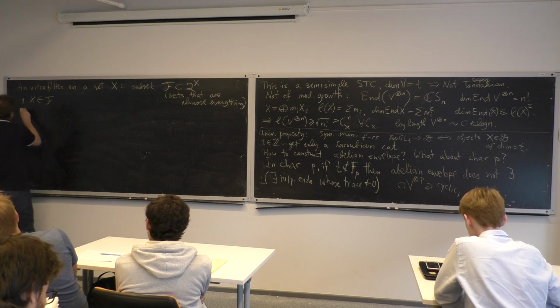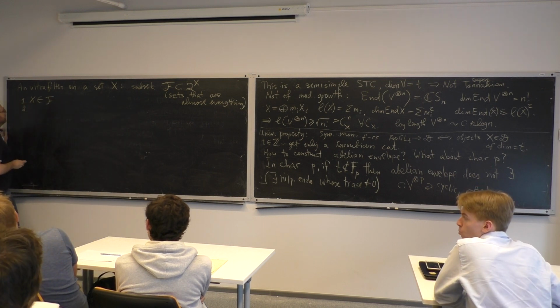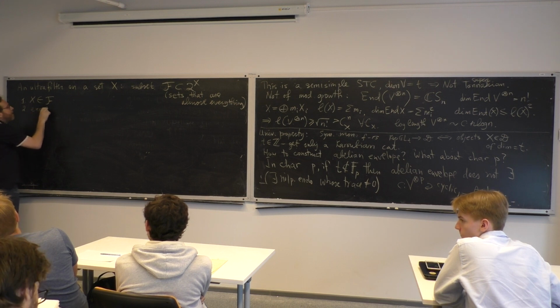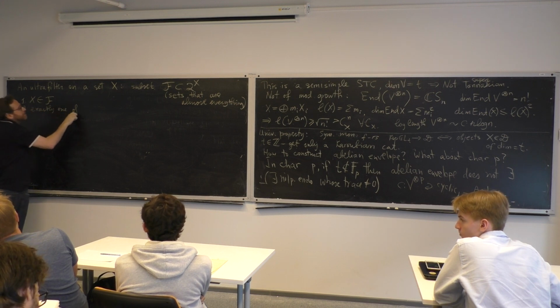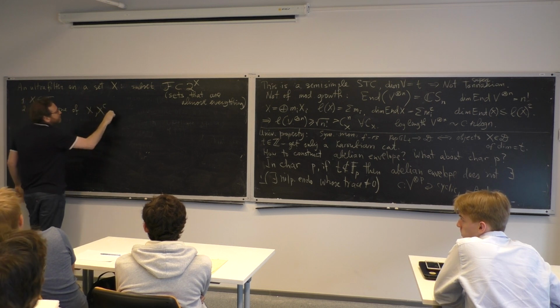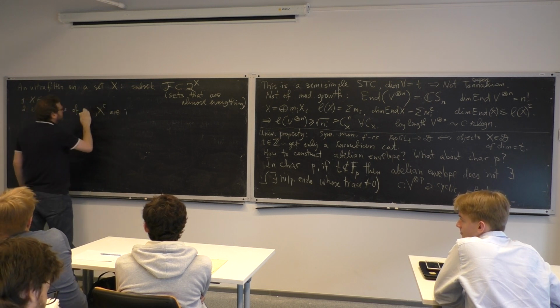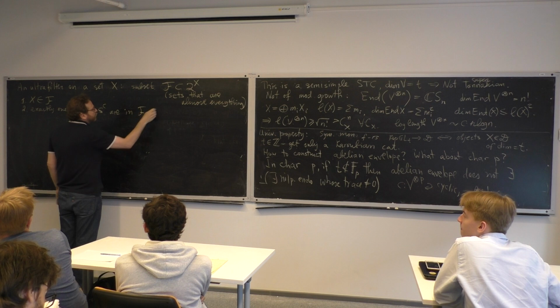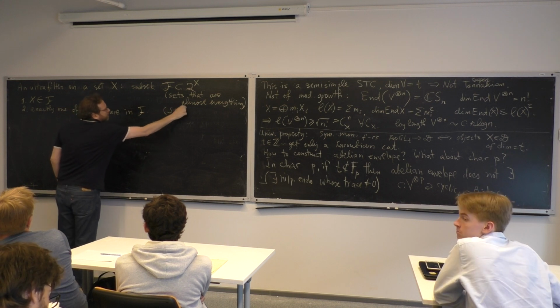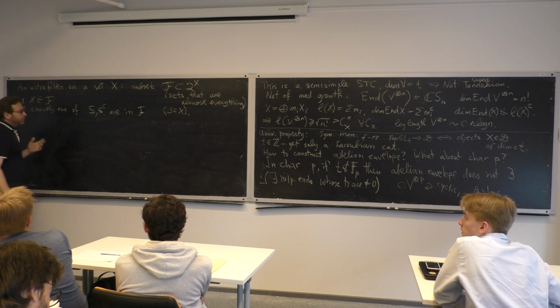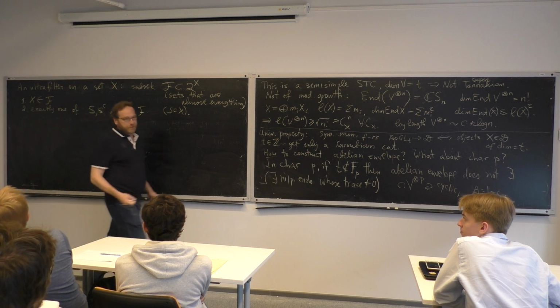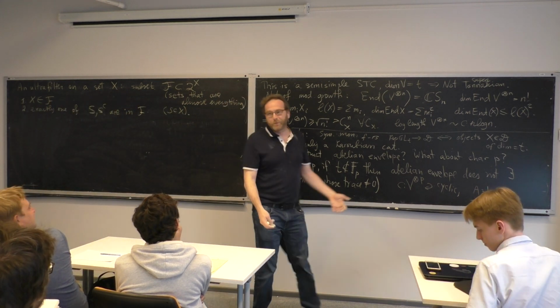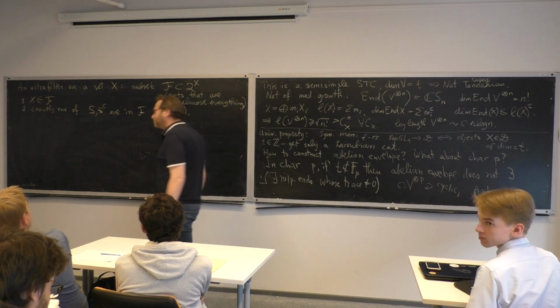The second axiom is that exactly one of S and its complement is in F. Sets that are not in F will be called almost nothing. So if the set is almost everything, its complement is almost nothing, and vice versa.